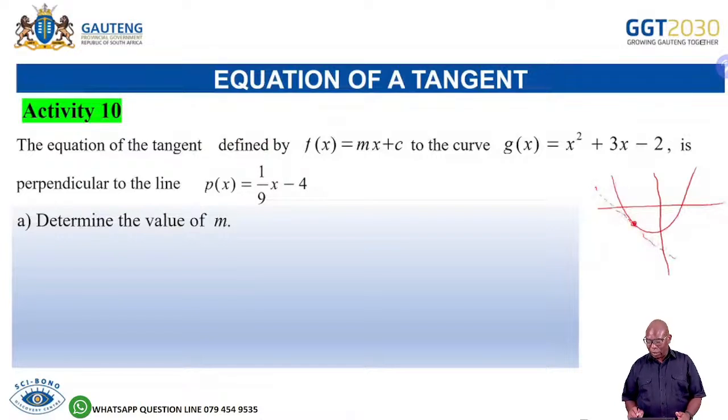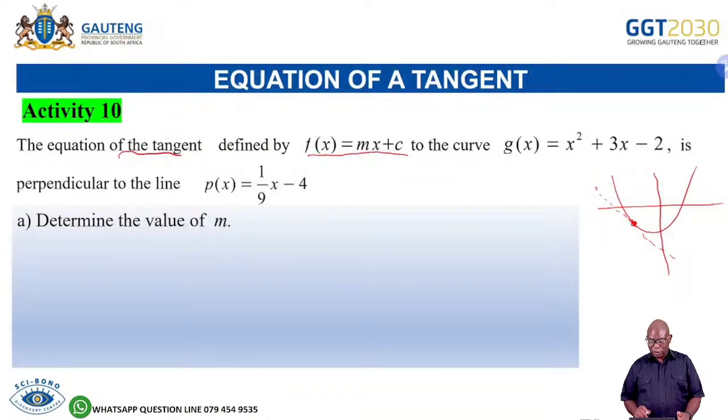So this is exactly what we're looking for. Remember, we only have 1 point. If I've got 1 point, what do I need? I need the gradient. If I've got a gradient and a point, I'm able to write down the equation of the tangent. But in this case, they're telling us that the equation of the tangent is f(x) = mx + c.